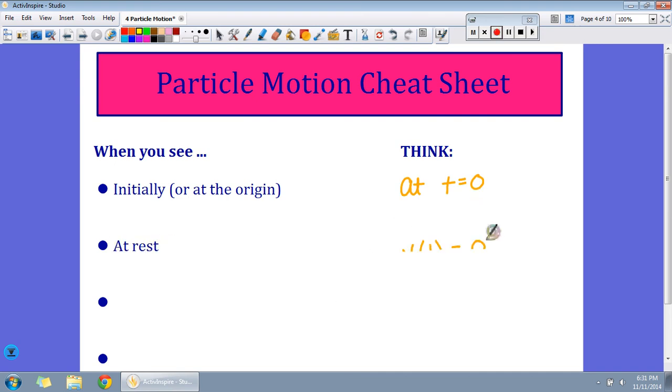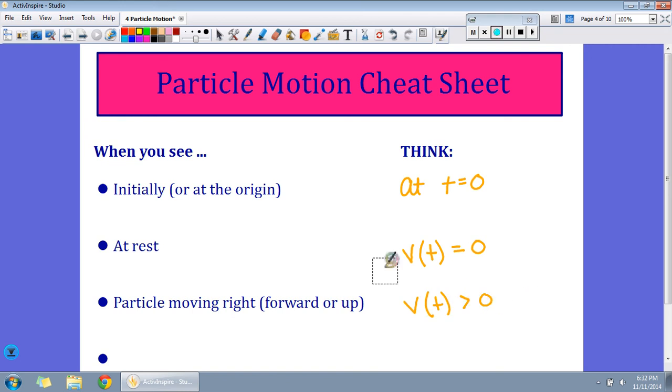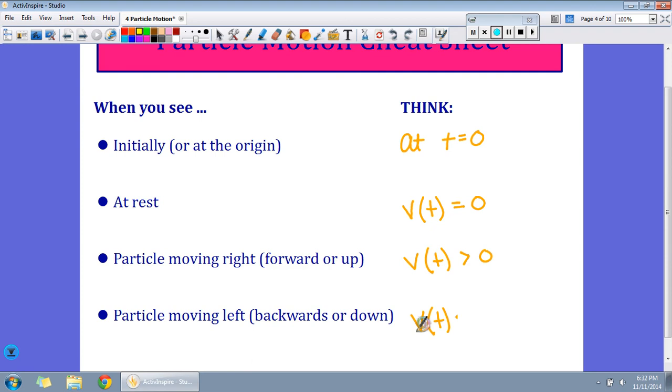If they use the word at rest, you should think that the velocity is 0 because it's resting, it's not moving anywhere. If the particle is moving right or forward or up, something positive, that means the direction we're moving is positive, so velocity is greater than 0. And finally, if the particle is moving left or backwards or down, something negative, we say the velocity is less than 0.